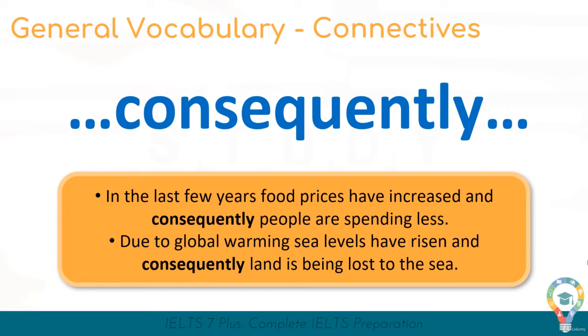So we have just two examples for the use of consequently to show the effect of something. I would say consequently is a slightly higher level connective. So if you can use it accurately in the IELTS test, I would suggest doing so because it shows a level of fluency in English.